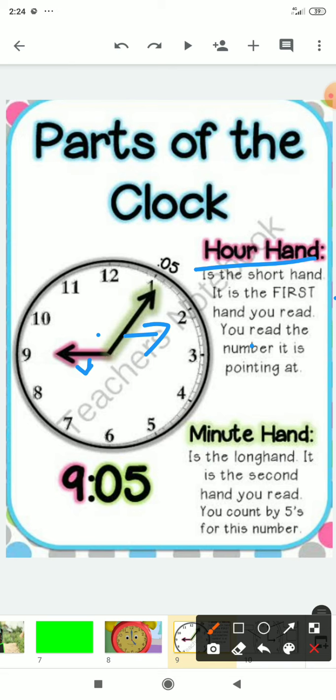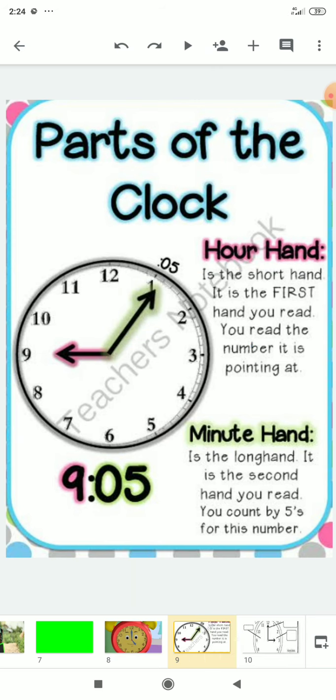Now this short hand will go from 9 to 10, then 11, then 12, then 1 again, then 2, then 3, then 4. But the major difference between these hands is that the hour hand is the short hand and the long hand is the minute hand.